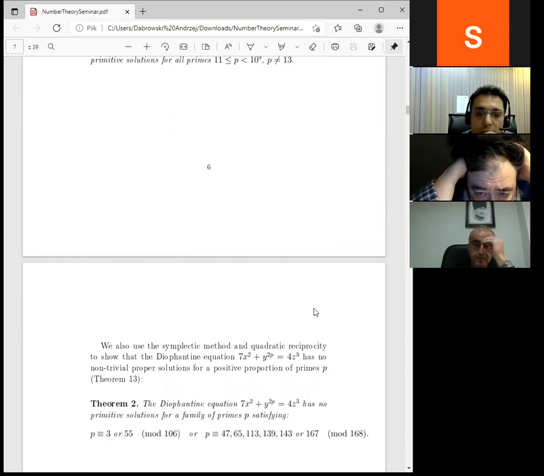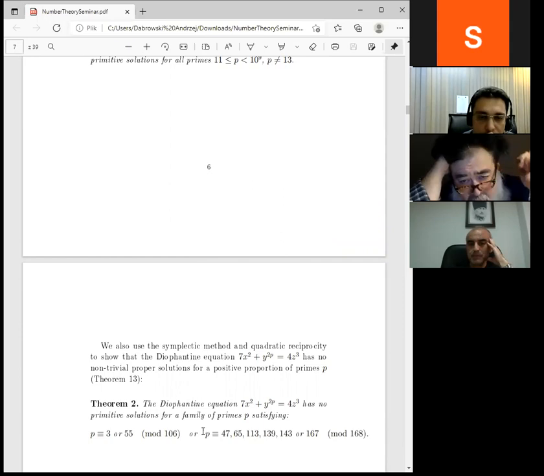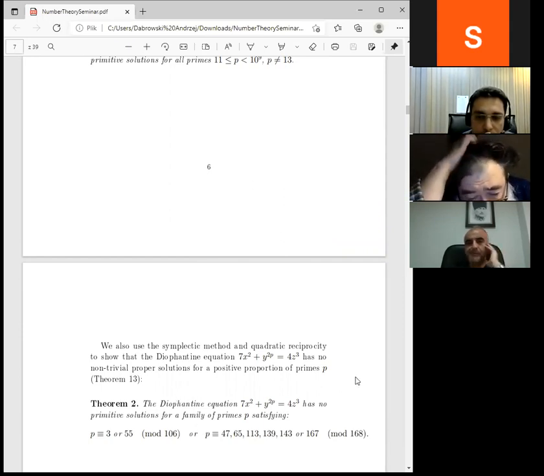So the two methods give two answers, but together we have the following theorem: no solution for this Diophantine equation for a positive proportion of primes. It's exactly for primes belonging to one of these arithmetic progressions.